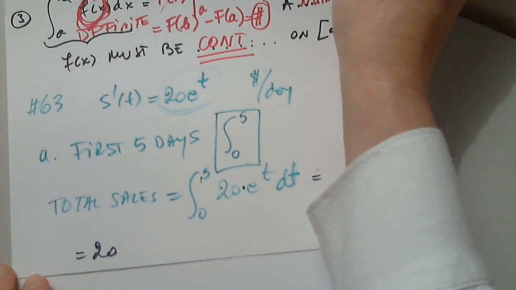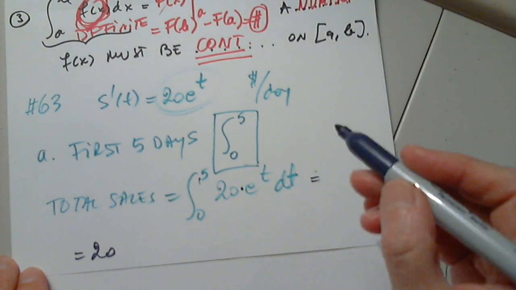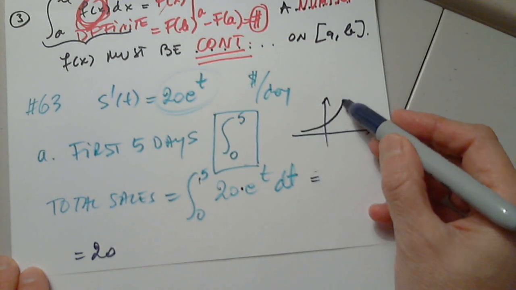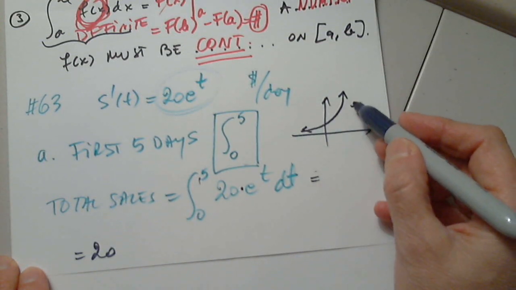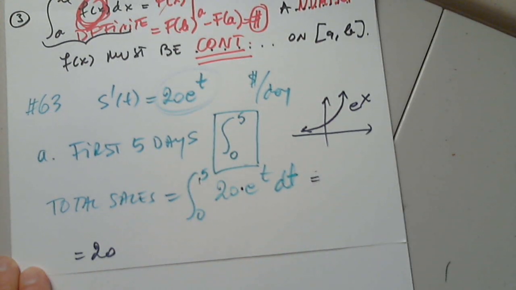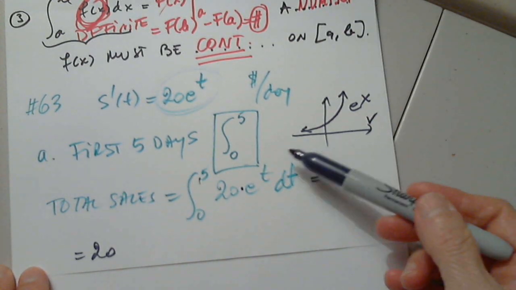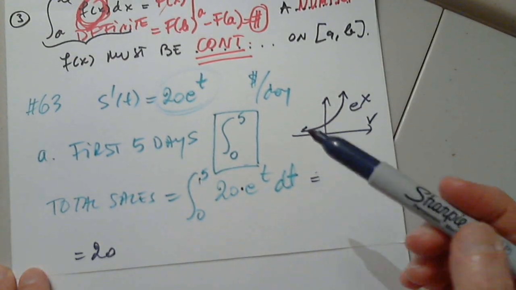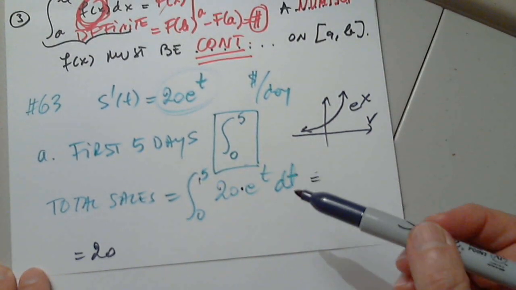Do we remember the graph of e to t or e to x? Here's the graph of e to x. Is this function continuous everywhere? Yes, it is continuous everywhere. No jumps, no vertical tangents, nothing, no gaps. So we are safe. We can continue.